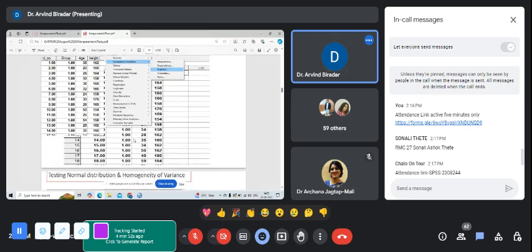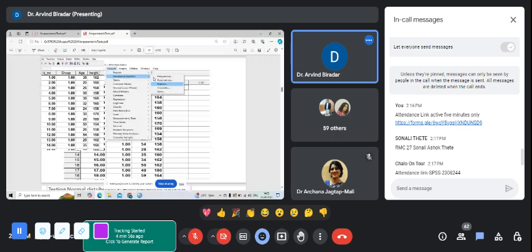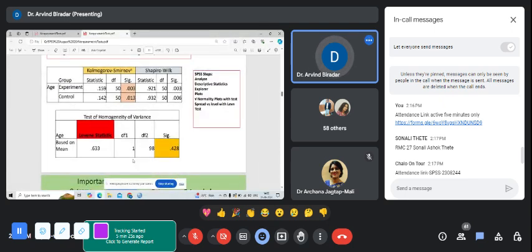See that, descriptive statistics, explore is there. You will get testing of normal distribution and homogeneity of variance. These are the steps: Analyze, descriptive statistics, explore, plots, normality plots with tests, spread versus level with Levene test. Already know that one, the Levene test for homogeneity.